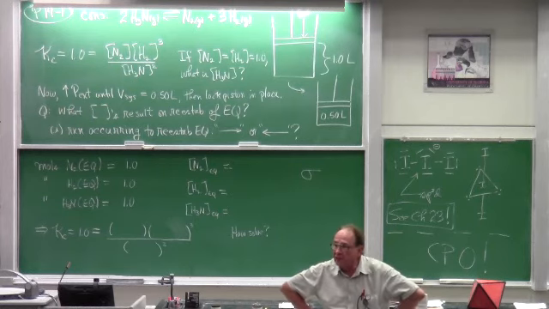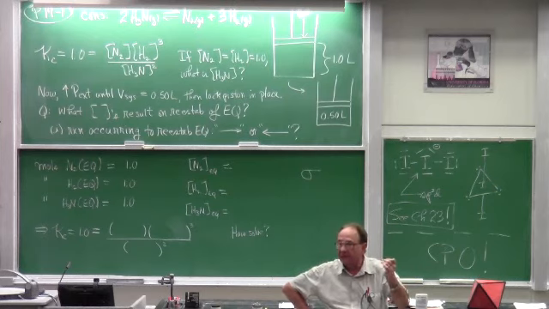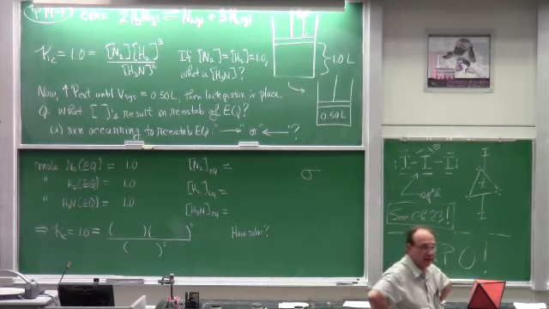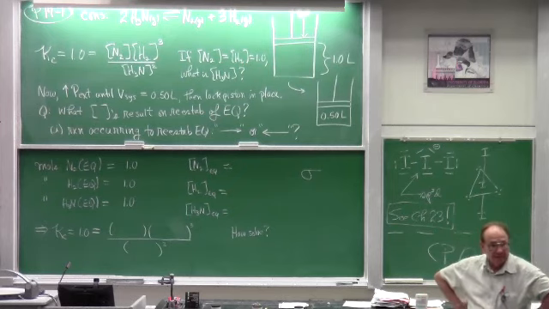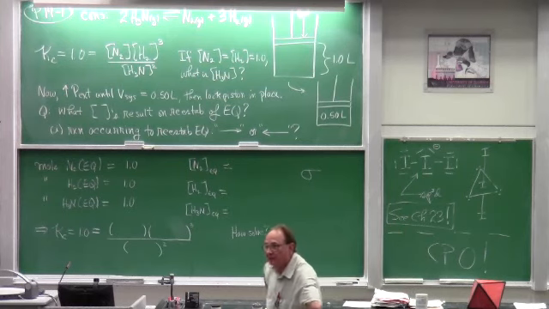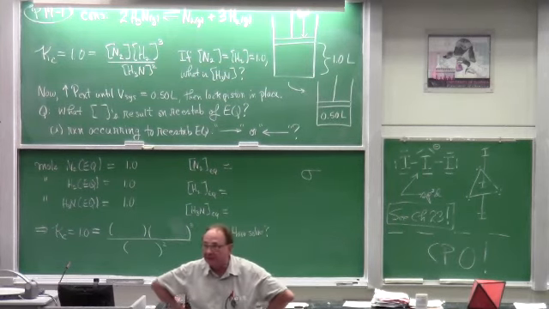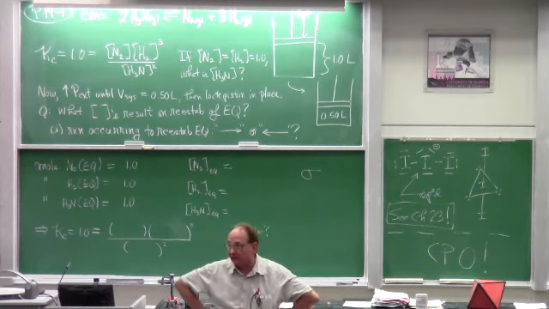How many hybrids can you make from an S sublevel, a P sublevel, and a D sublevel? How many hybrids can you make? 9 of them. Did you learn that? Because once we start using these D's, we can make sp3d, sp3d2, sp3d3, sp3d4, and sp3d5.